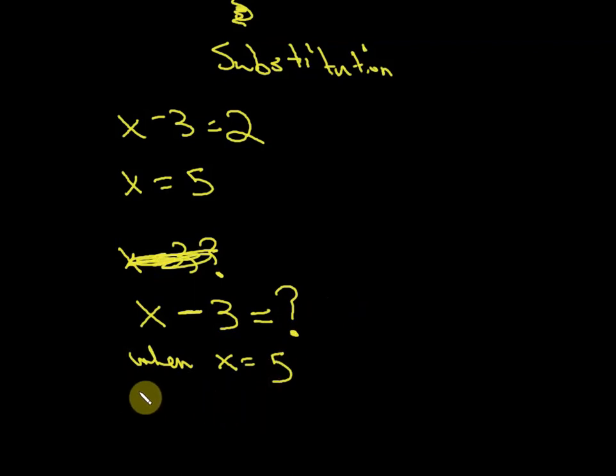Right? So we're just plugging in. So we just plug 5 into the equation, so then we have 5 minus 3 is equal to 2.